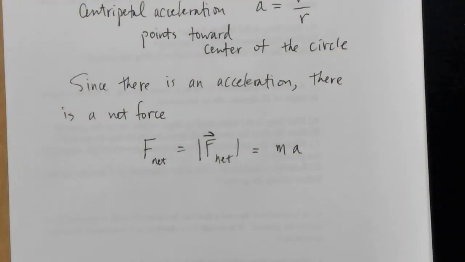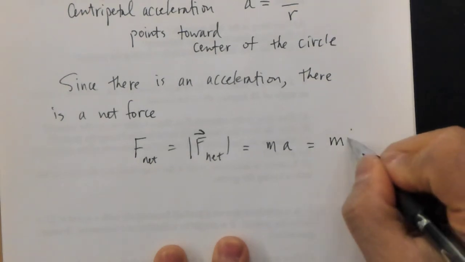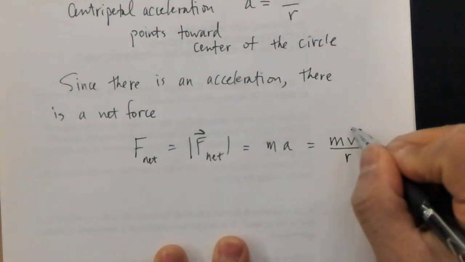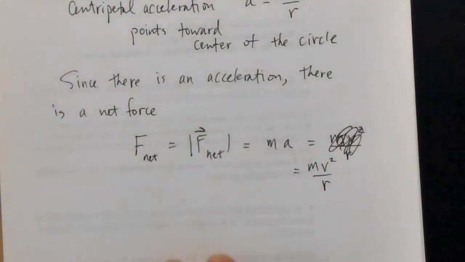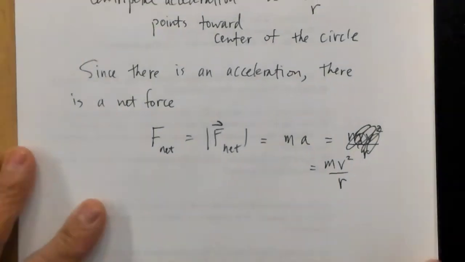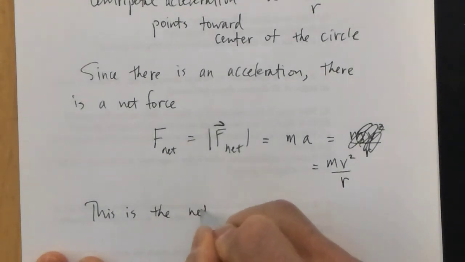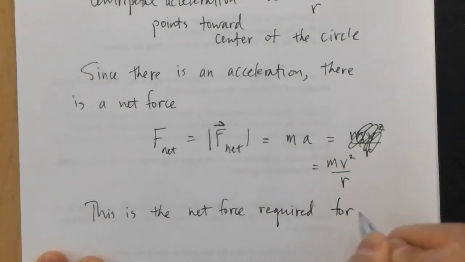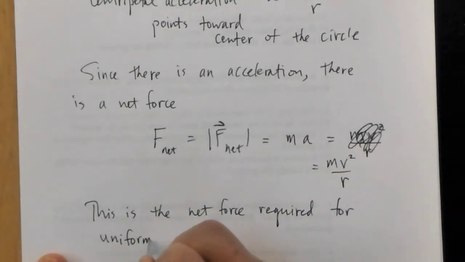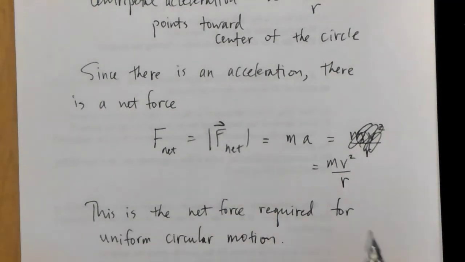Because the acceleration is just the centripetal acceleration, we get this formula: m v squared over r. Think of this as the net force required for uniform circular motion.